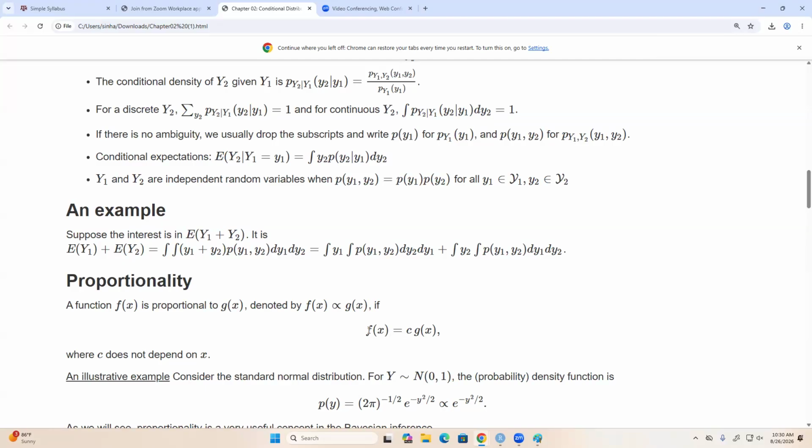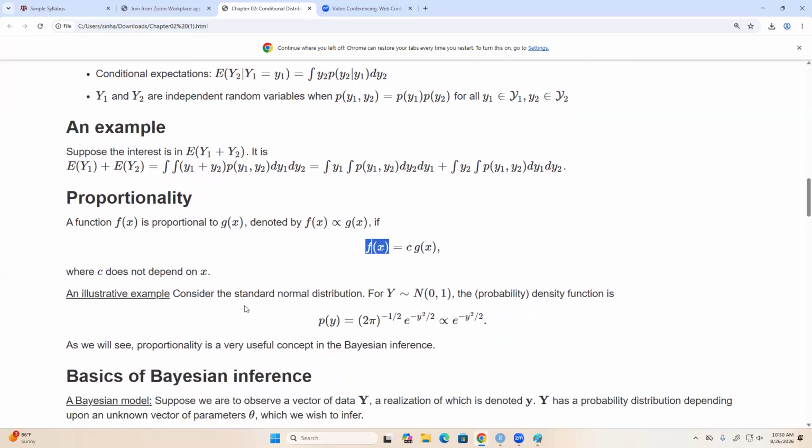And in order to make f(x) a probability density function, f(x) must be greater than or equal to 0, and the integration of f(x) over the entire domain of the random variable must be equal to 1. With that restriction, we can calculate that proportionality constant c, as long as you know g(x).